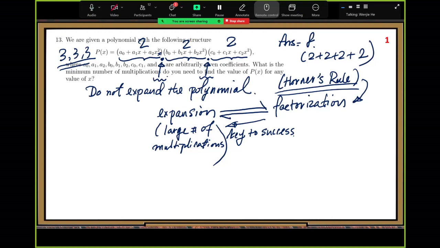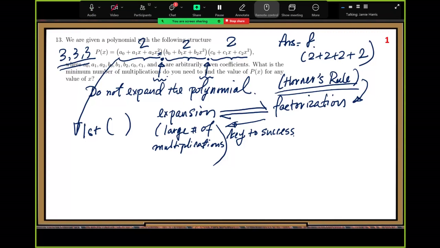Just a minute. For the first parenthesis, how many multiplications do you need? Only look at the first parenthesis. How many do you need? 3. Well, you need 1 to get x squared, no matter where you are.